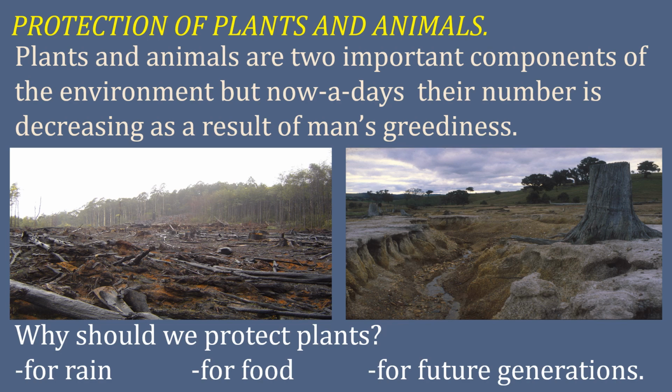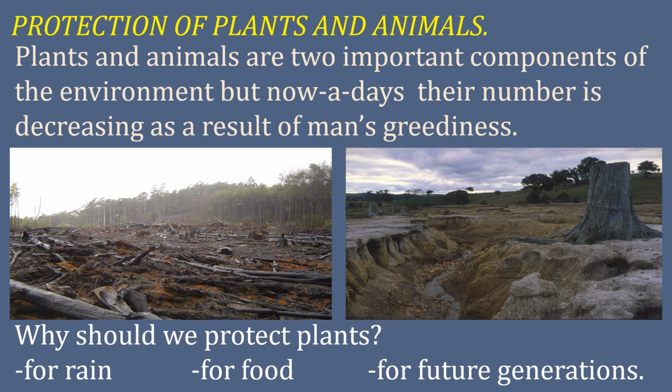Nowadays, you have seen that we celebrate Environmental Day and we draw so many pictures about green forests, isn't it? Why do we do all that? Because to protect the plants. That is an awareness to protect the plants. Why do we want to protect them, children? Yes, for the rain, for the food, and for the future generations. If there are plants and trees, there will be rain. If plants and trees are there, we will get food also.